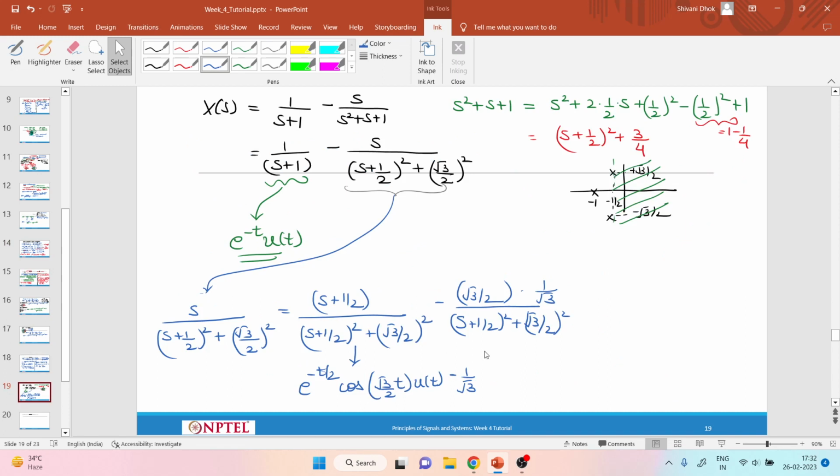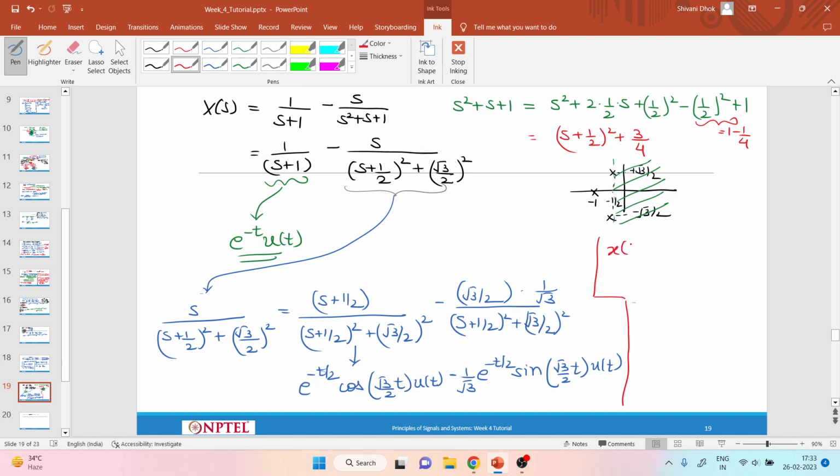So this will lead to e^(-t/2) sin(√3/2 t) u(t). Therefore this entire thing is of this form.